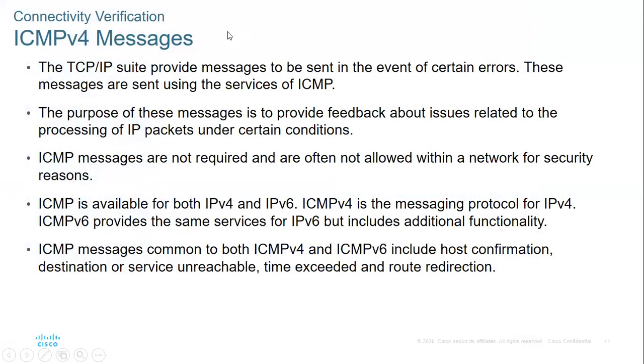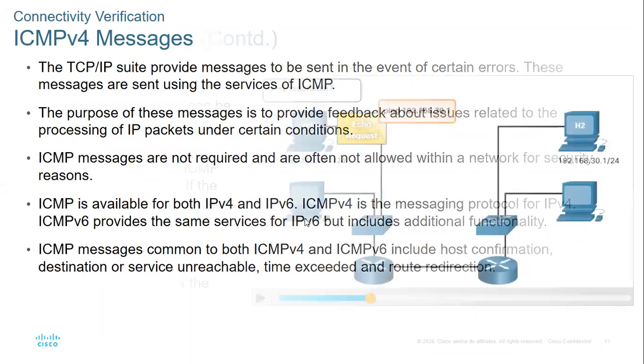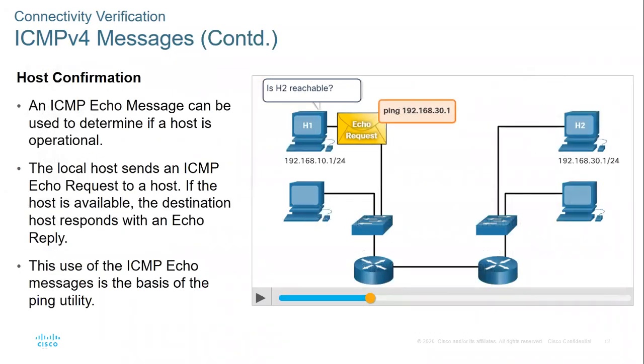This protocol is used to discover some errors that we have on the network. We have ICMP version 4 and ICMP version 6, of course.